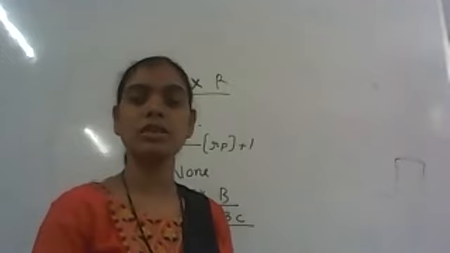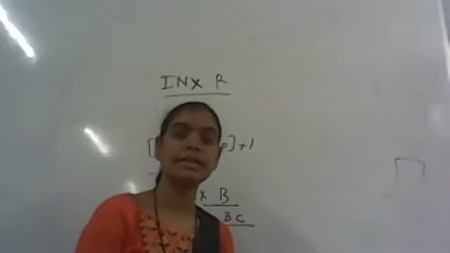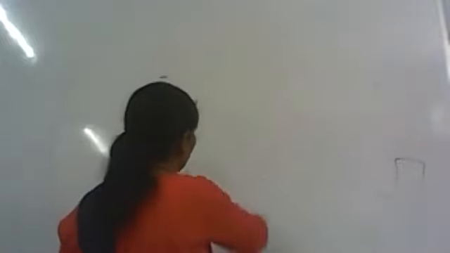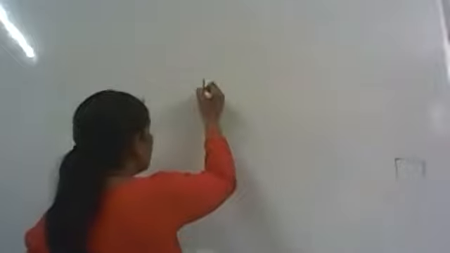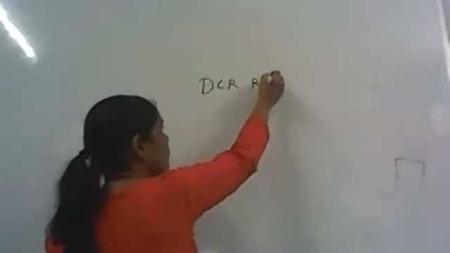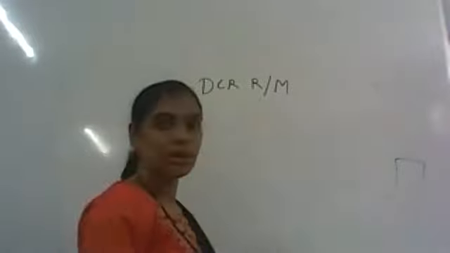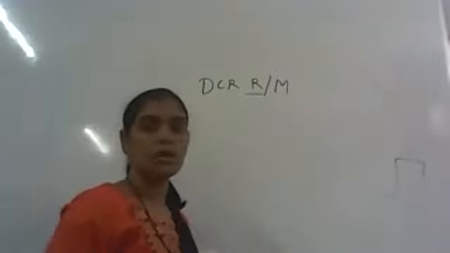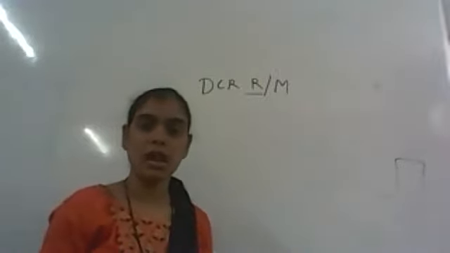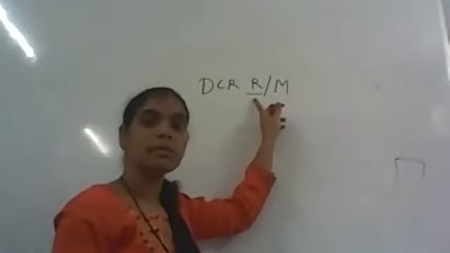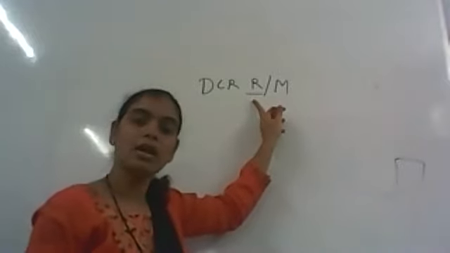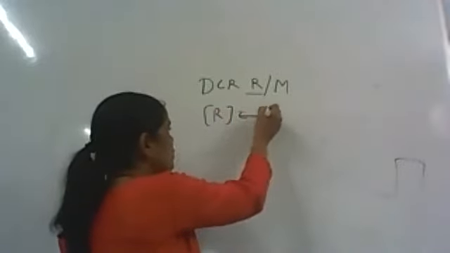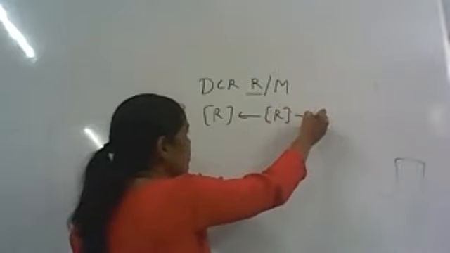So the next instruction is the DCR instruction, that is a decrement instruction. DCR operand is a register or maybe memory. Decrement register content by 1 if the operand is a register, that is R. The result is stored in the same place.